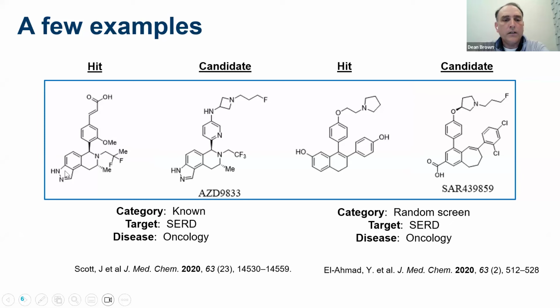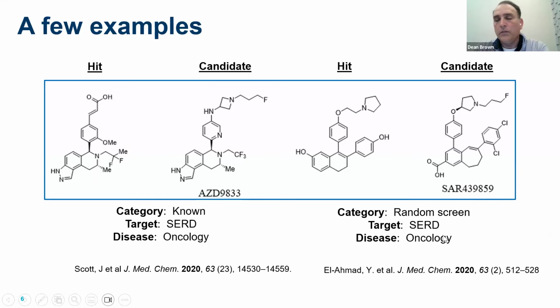The hit was actually an AstraZeneca compound, I believe, that didn't have the right properties to make it all the way as a drug. And so the team reimagined it and reinvented it, replaced the cinnamic acid portion with a basic amine and a fluoro tail, and came up with AZD9833. So that's an example of a known starting point that came from the sponsor itself.